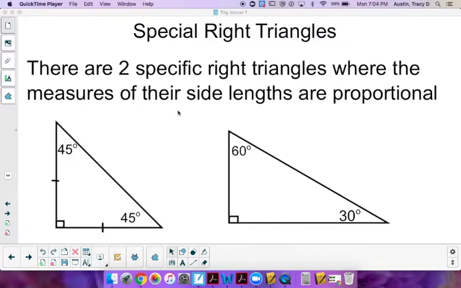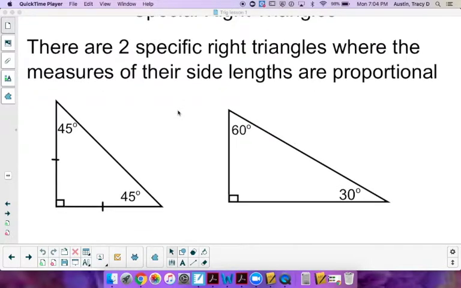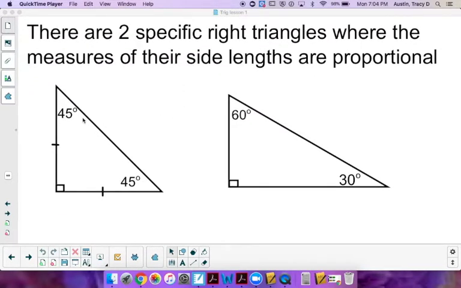Okay, so we have them both right here. These are our special right triangles. Okay, as you can see, one is a 45, 45, 90 right triangle. Okay, and that means if both of these angles are 45, then the sides opposite them, right, corresponding sides, are also the same length. Okay, same angle measures means the same length of the sides.